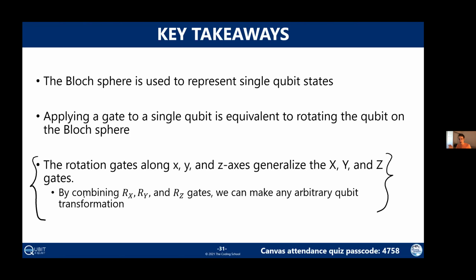You don't have to rotate it around X, Y, or Z. You could rotate it around some other random axis. But any rotation you come up with, in fact any single qubit gate, can always be broken down into X, Y, and Z rotations. How to do this is definitely beyond the scope of this course, but it is a really neat result. You can always break down any rotation of the sphere into rotations about these three axes.